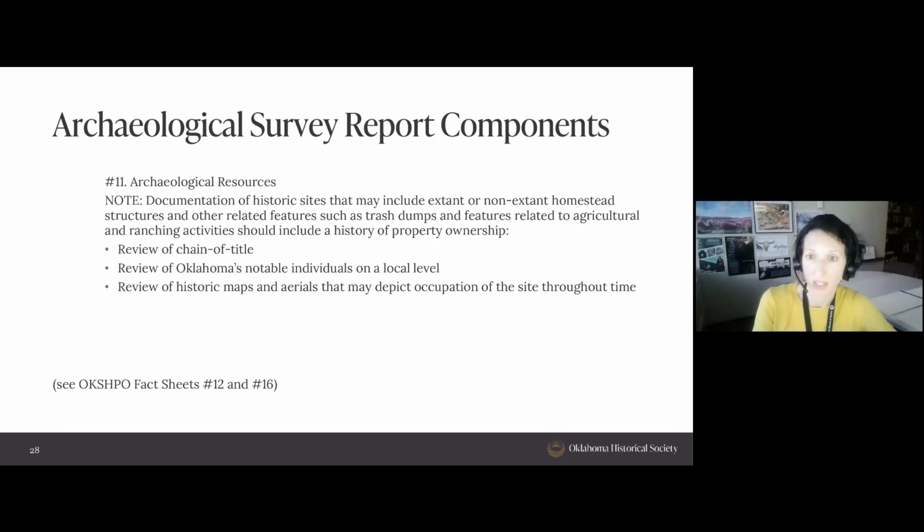Please note that documentation of historic sites that may include extant or non-extant homestead structures and other related features, such as trash dumps and features related to agricultural or ranching activities, should include a history of the property ownership, which could include a review of the chain of title, also a review of those individuals on the chain of title for whether they may be notable at a local or regional or state, etc., level, a review of historic maps and aerials that depict the occupation of the site throughout time.